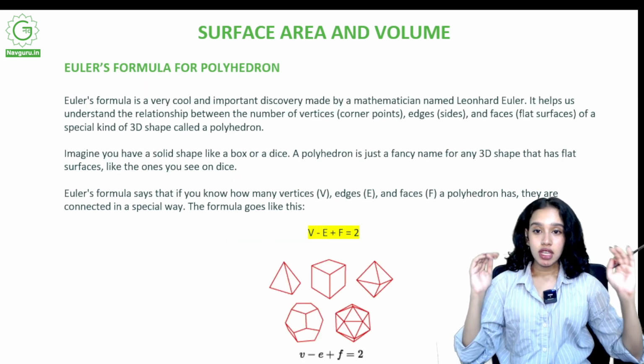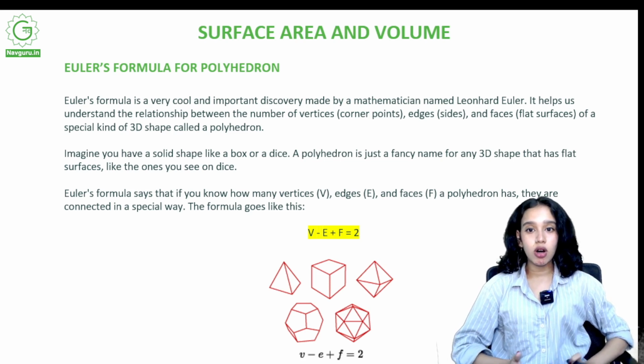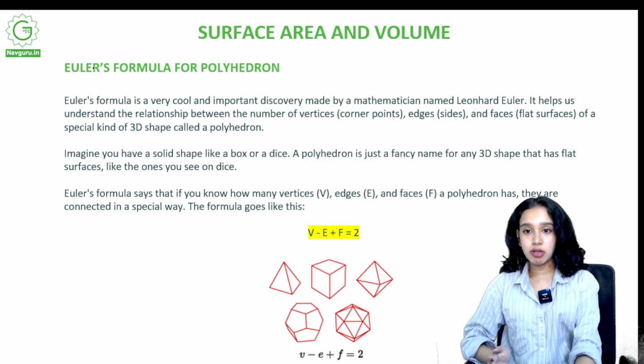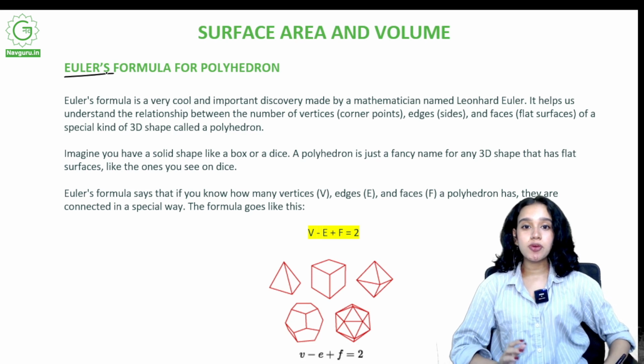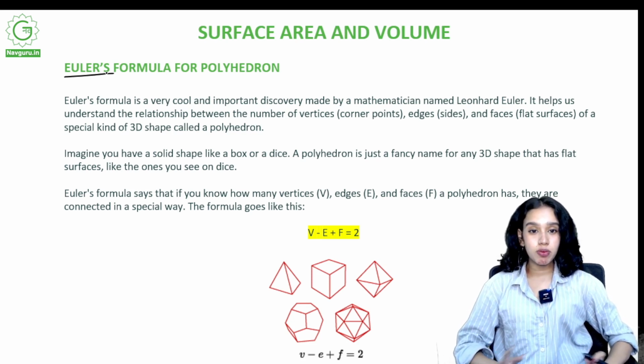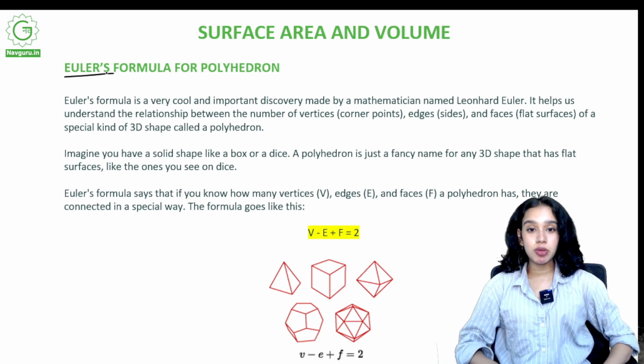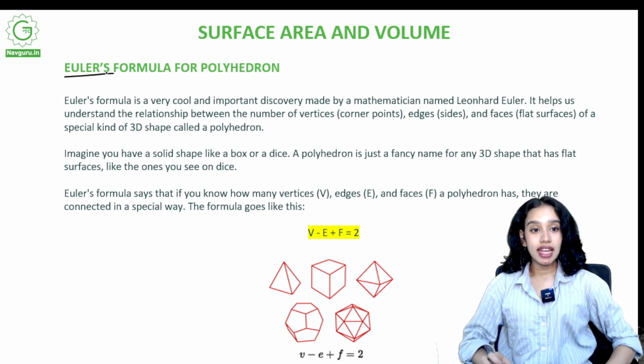Now, we have a very important but very cool formula, Euler's formula. This is pronounced as Euler's. So, Euler's formula for polyhedrons. Euler's formula is a very cool and important discovery made by a mathematician named Leonhard Euler. It helps us understand the relationship between the number of vertices, edges and faces of a special kind of 3D shape called a polyhedron.